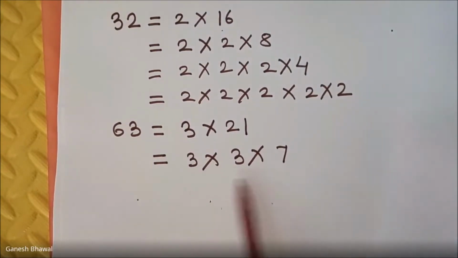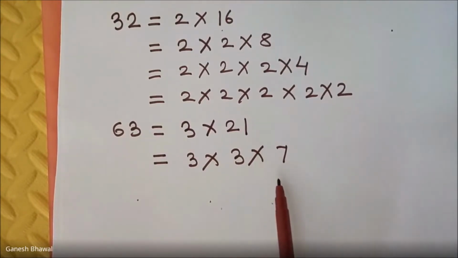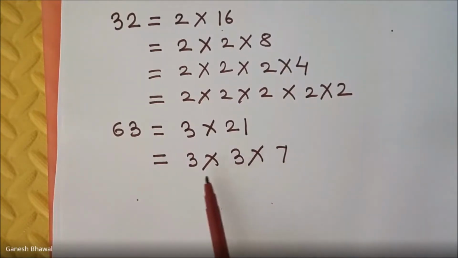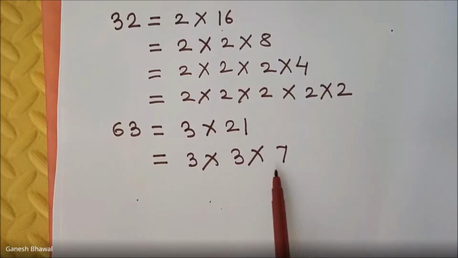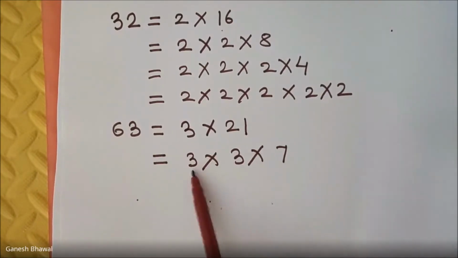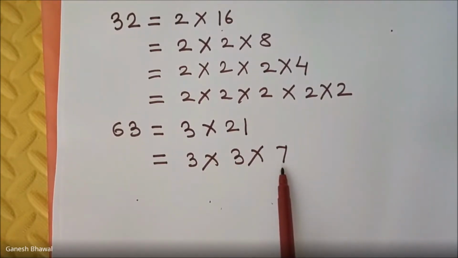Only this much. Further factorization is not possible. Now how will you know that we cannot factorize further? You have to see that all numbers should be prime numbers. 3 is a prime number, 7 is also a prime number. Then you have to stop.